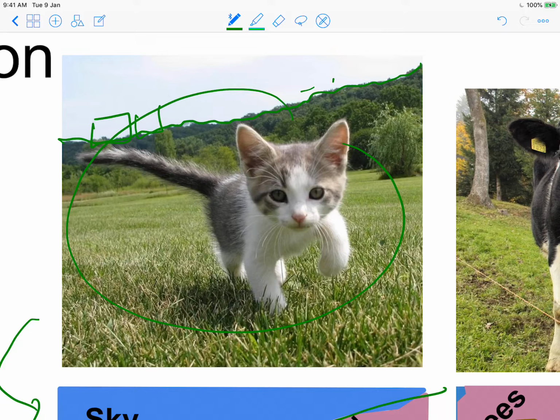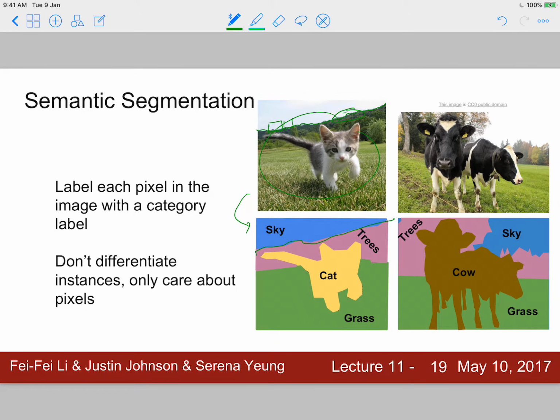But how can we recover or reconstruct the exact information about the position of these edges? In this case, the encoder output, due to the downsampling, may lose this detailed information, and if we decode it into the full resolution, it may be almost impossible to reconstruct the exact position of these boundaries.